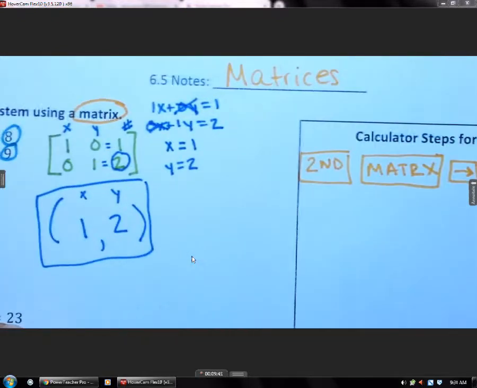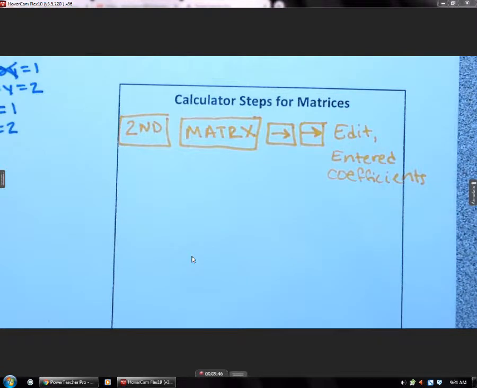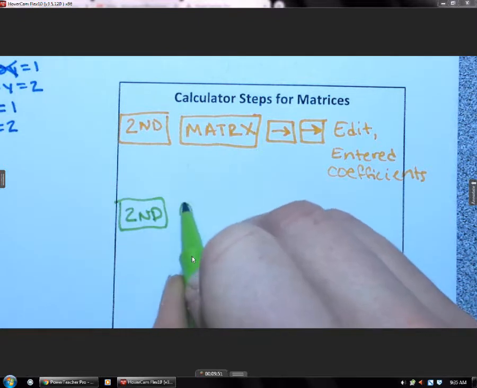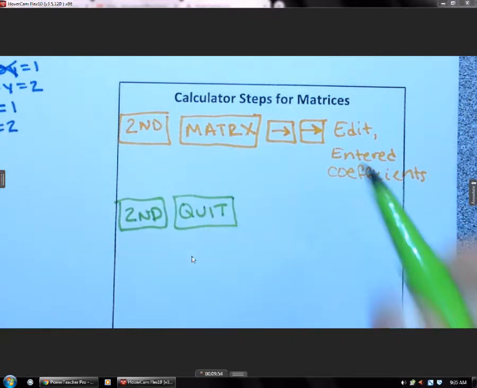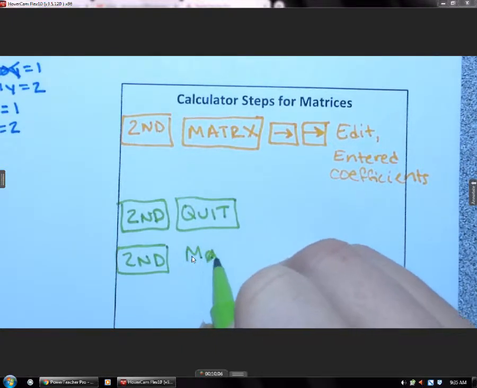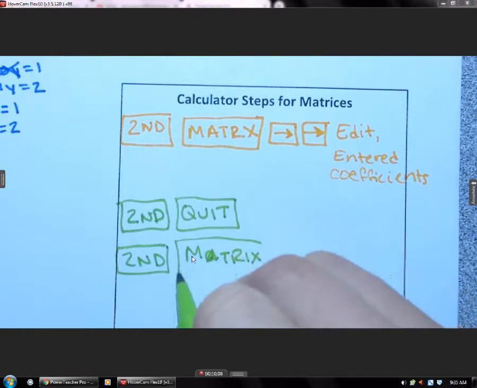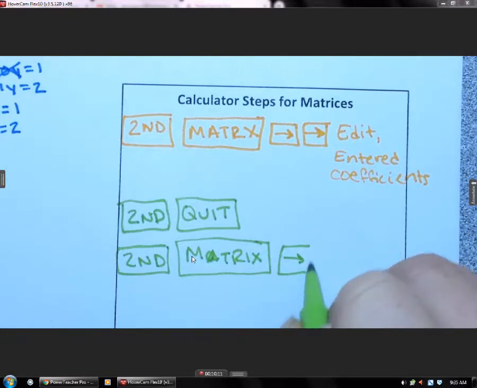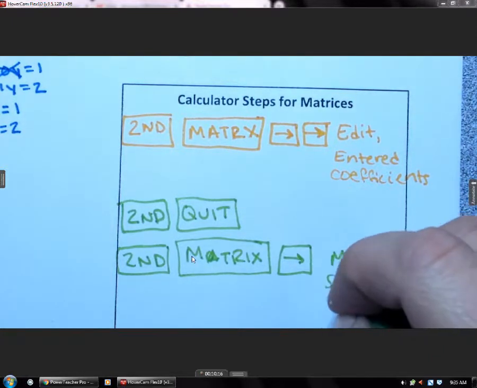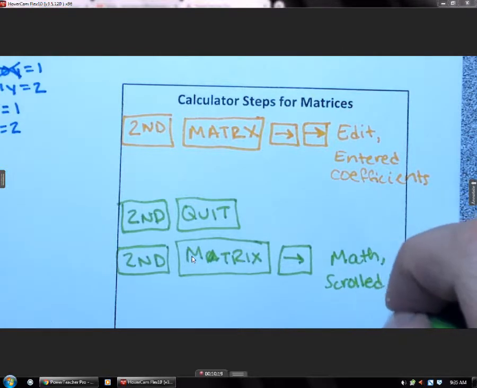Okay, so let's finish writing our steps. Once you put your things in the matrix, then we pressed second quit. That was the step I forgot. Second quit. Then we pressed second matrix, and we pushed the right arrow one time to where it said math, and then we scrolled to RREF parenthesis.